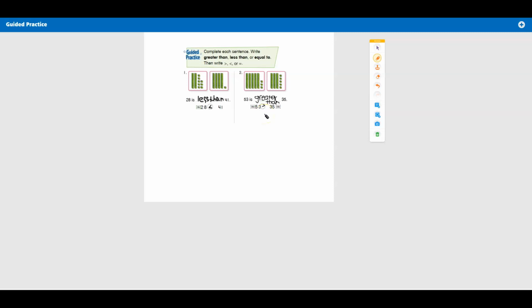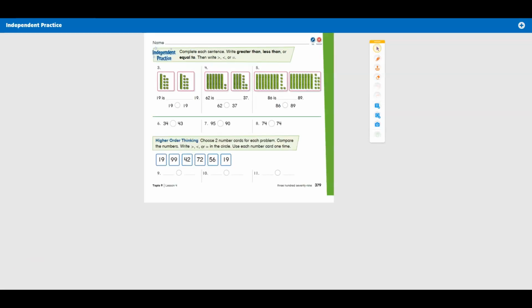For your independent practice, you will be working on writing greater than, less than, and equal to. You will also be practicing writing the symbols. Let's go ahead and take a look at it. The directions say to complete each sentence with greater than, less than, or equal to.